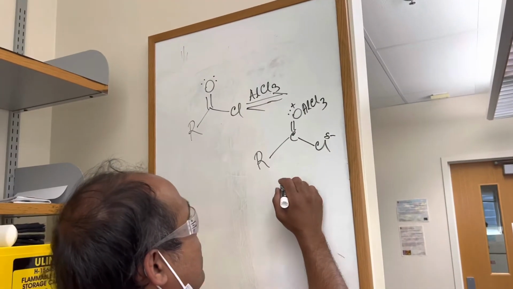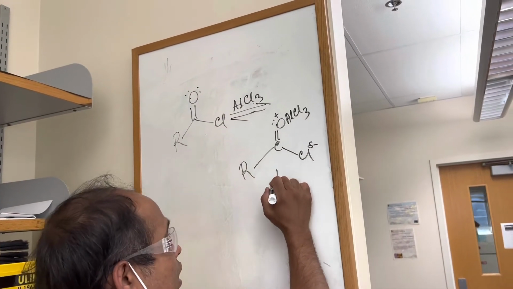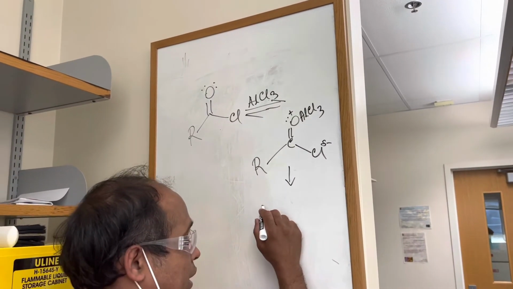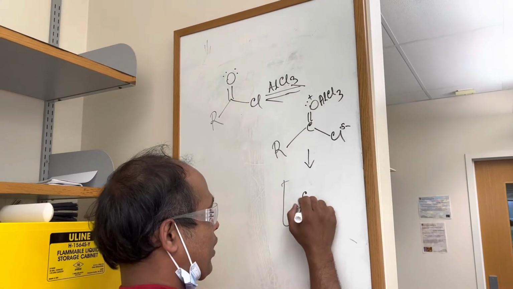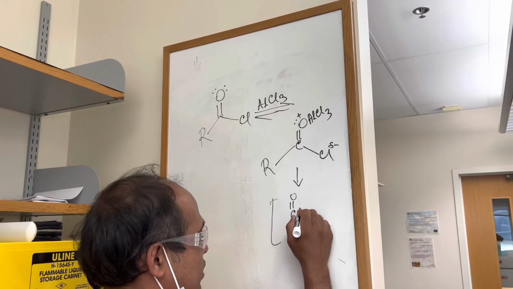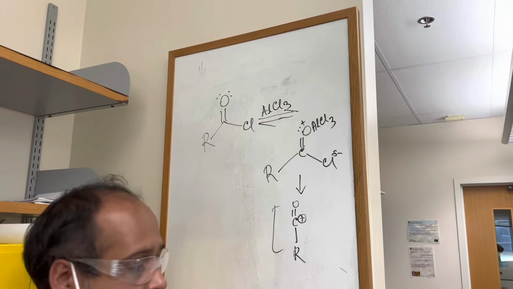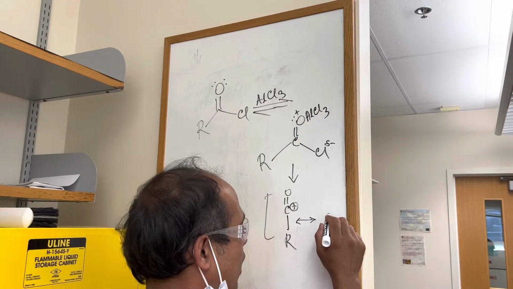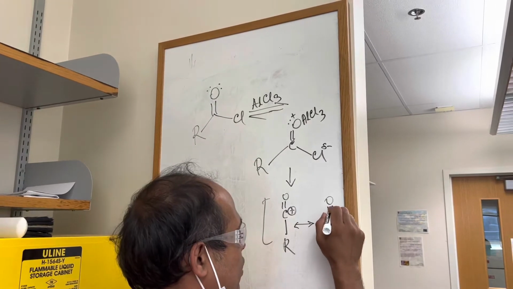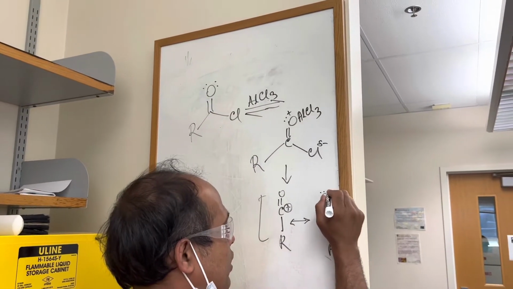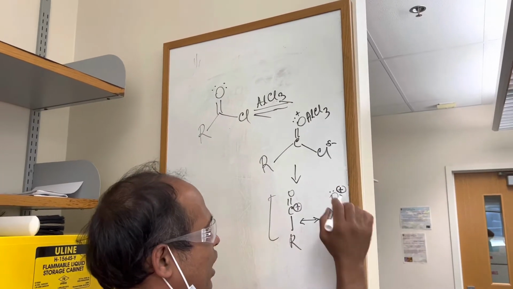So in that case, it will remove this chlorine to form a carbocation, this carbon-oxygen carbocation. Okay, and it can also form this carbon triple bond R, and that oxygen electron will be used, like this.